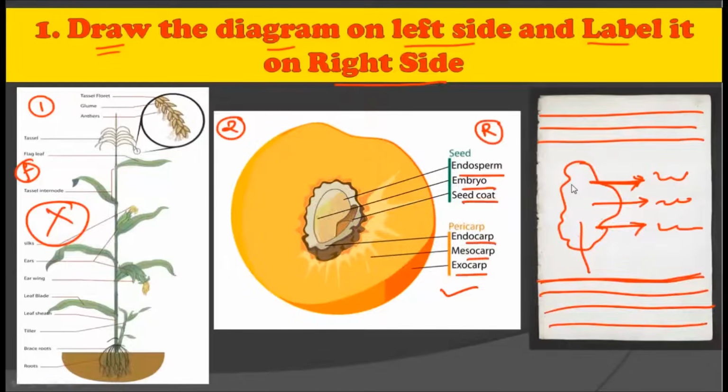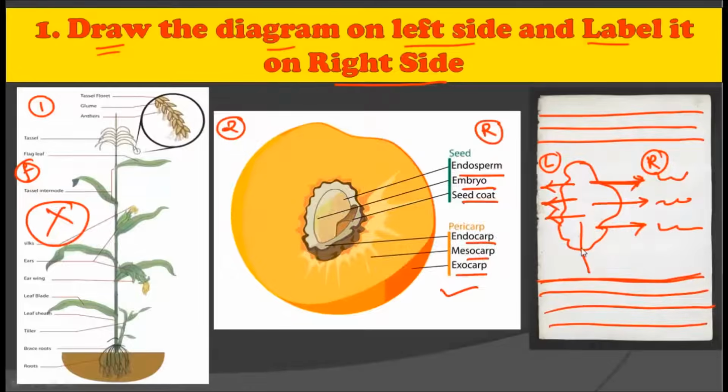And now, on the other hand, if you label the diagram on the left side of the page, it will not look that accurate, right? So while writing down the answer, you should use your complete page, and to give the diagram somewhere in the middle, you should draw the diagram on the left side and give all your labels on the right side, so that your page will look very accurately symmetrical.